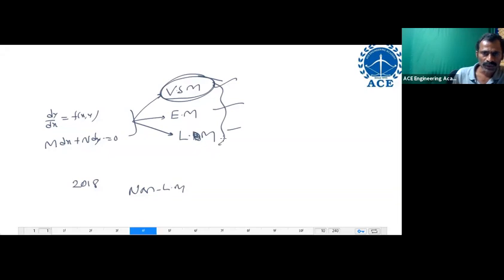Then we are going to the last subtopic of ODE, that is second and higher order. So far we have done only first order, first degree. Now we are going to higher order. In the higher order, according to our syllabus, we have only linear equations, but in the first order, first degree, we have both linear and non-linear.